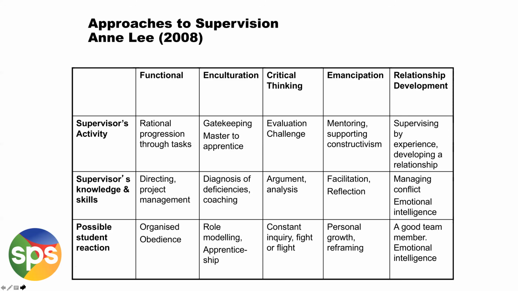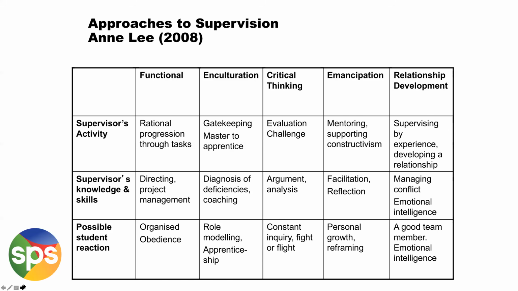if you're lucky. The third approach to supervision that Anne Lee suggests is one of critical thinking, where the supervisor's main activity is to help students to evaluate what it is that they're reading and writing and thinking and doing. And the supervisor will challenge the student to go deeper and further. And whatever it is the student presents, the supervisor will help them to see the alternative viewpoint. The supervisor will be focused on argumentation and analysis.